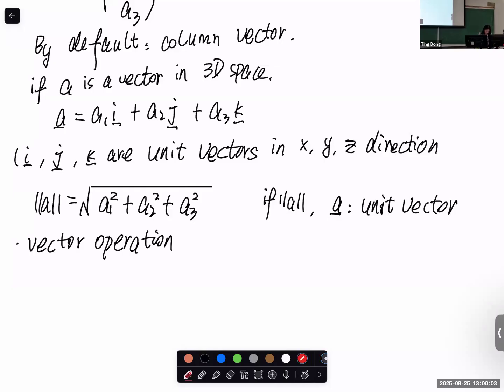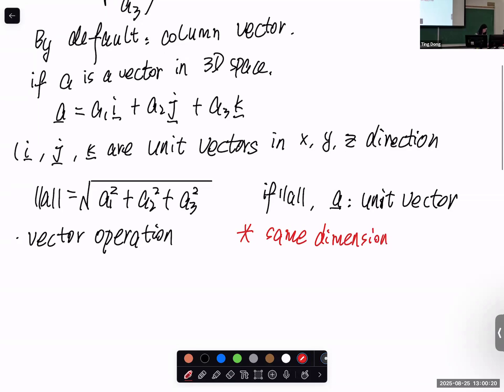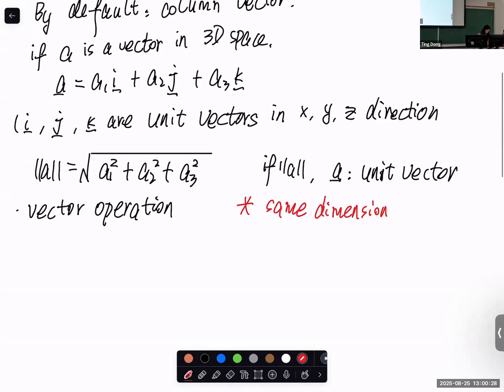So it has to be the same dimension. And for addition and subtraction, of course, it is the corresponding components, addition and subtraction, and you get a new vector.